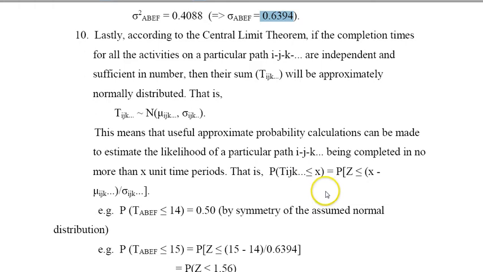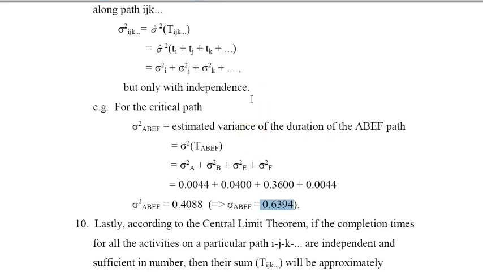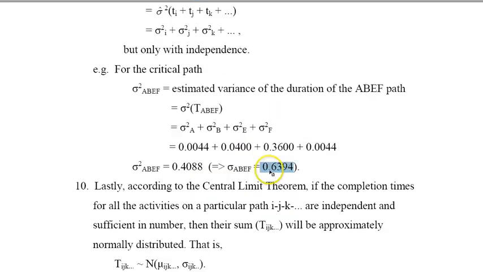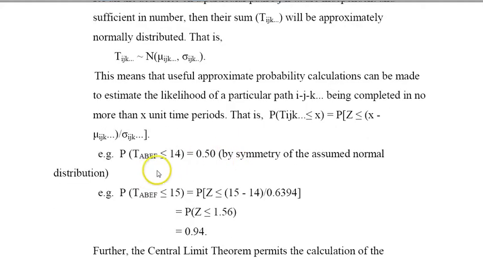The way I do that is I find the z-score for x, which means taking x, subtracting its mean, and dividing by the standard deviation, where I now know the mean is 14 and the standard deviation is 0.6394. Okay, so I can find all sorts of probabilities.